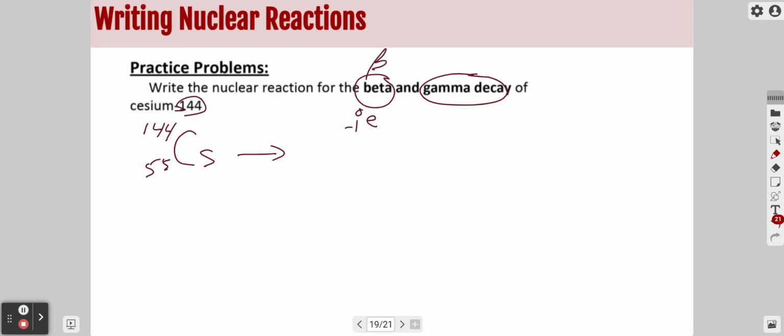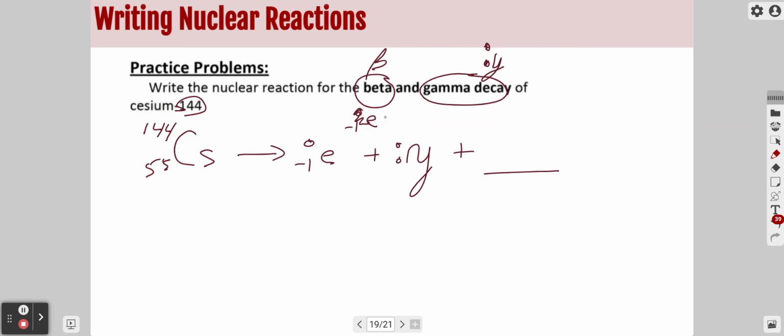And gamma decay is that γ, and the isotope notation is 0, 0. Those are zeros. All right, so we're going to get an electron, and we're going to get some gamma decay, and then we're going to get some other new substance formed.